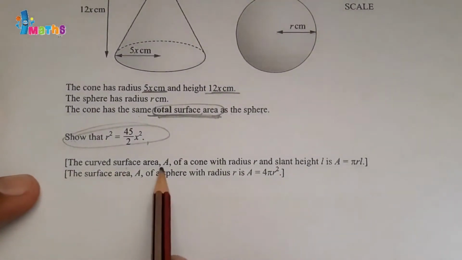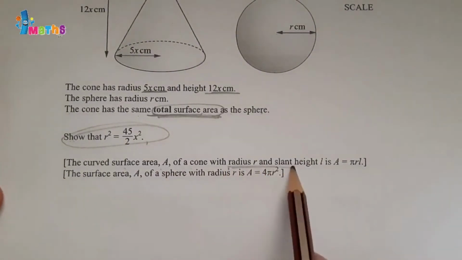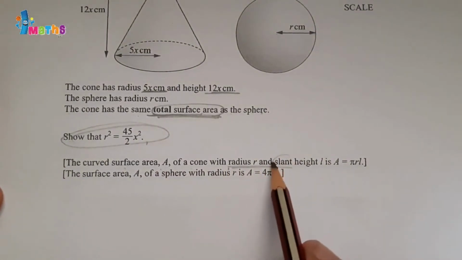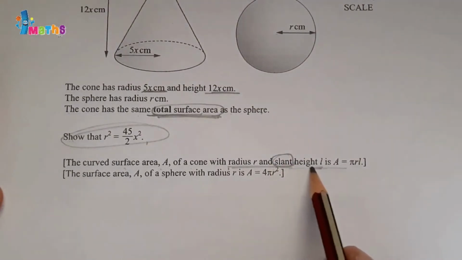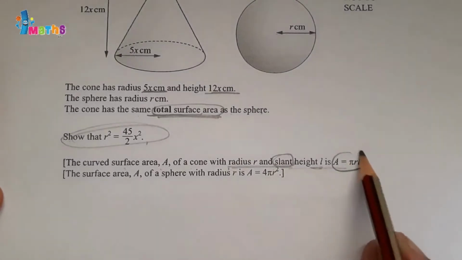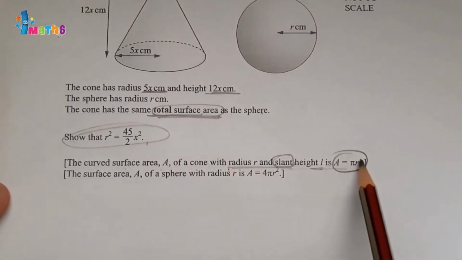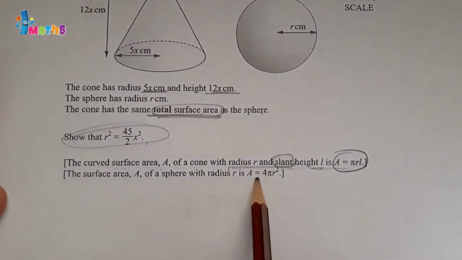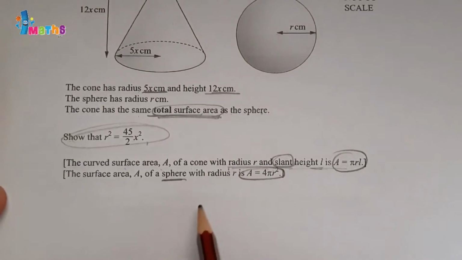The curved surface area of a cone with radius r and slant height l is pi r l. This one we will use for curved surface area of cone, and this will be the surface area of the sphere.